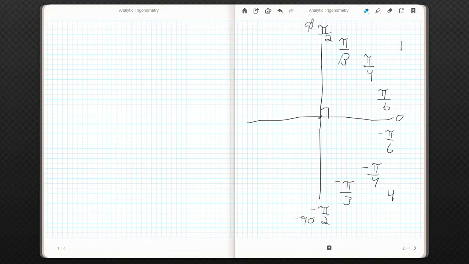Here's another angle. Here was 90, so it's less than 90 right here. On the unit circle, the standard for pi over 3 is 60 degrees. So here's 60. Now let's do a little bit more right here. From the green line to the black line, that's 45 degrees.